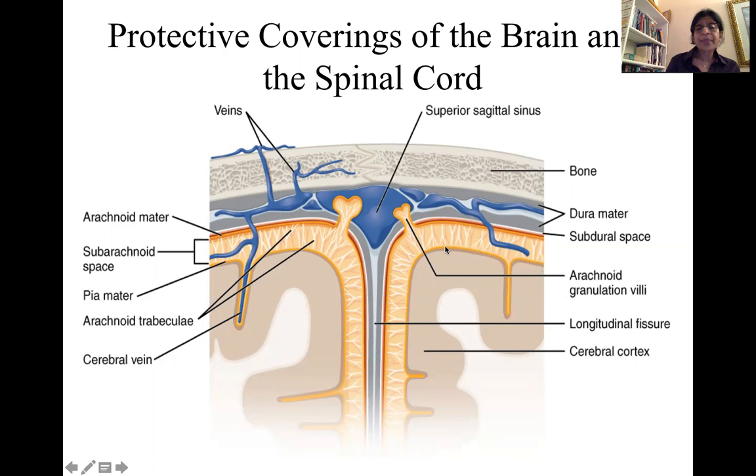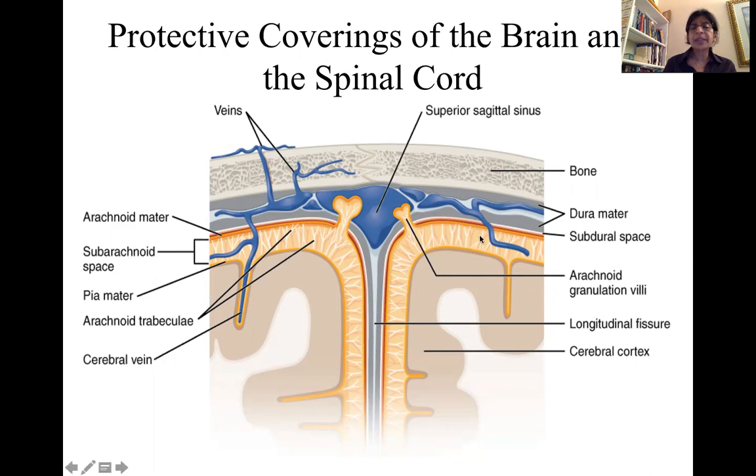Pia mater is a very fine connective tissue layer right next to the brain or the spinal cord tissue. Although it may appear as a very thin layer, it is durable, it's tough. So there's no space between the brain tissue or the spinal cord tissue and the pia mater.